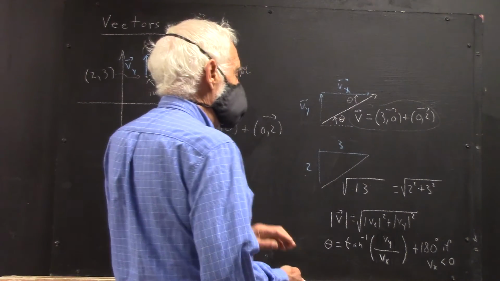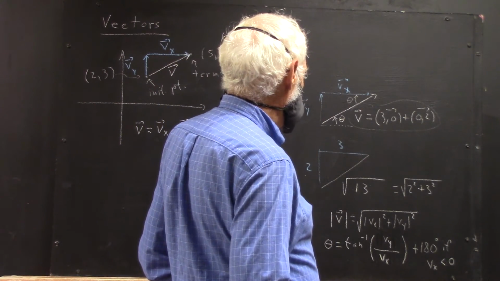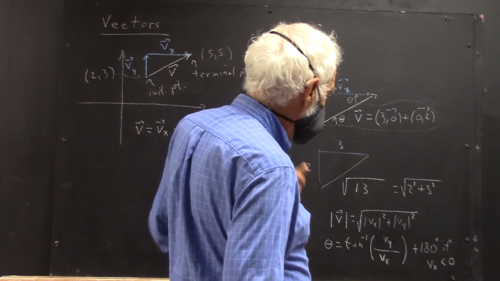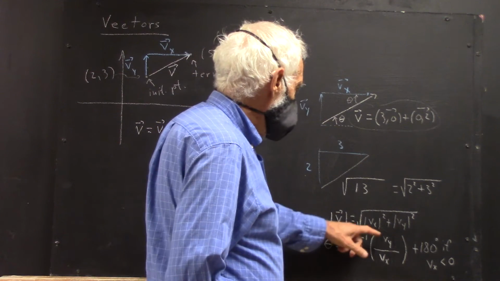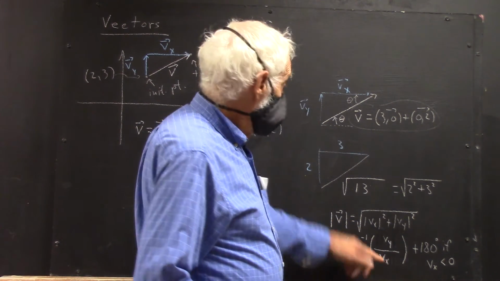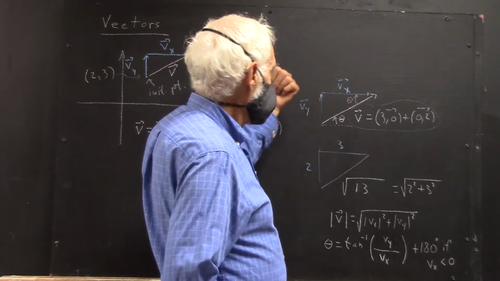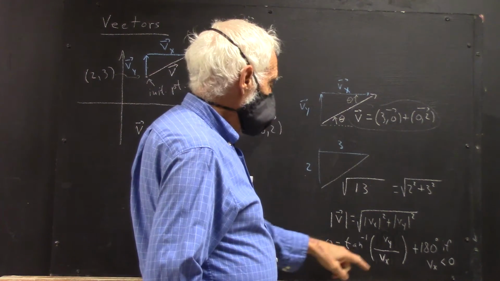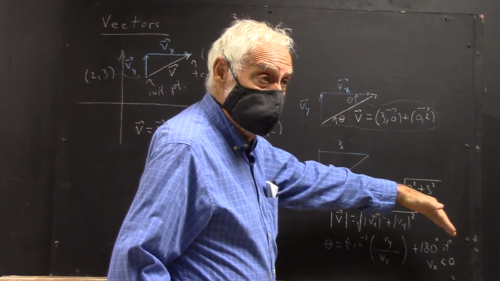Because you can't distinguish between Vy being positive and Vx being negative, which puts the thing in this direction, or Vy being negative and Vx being positive, which puts it in this direction.